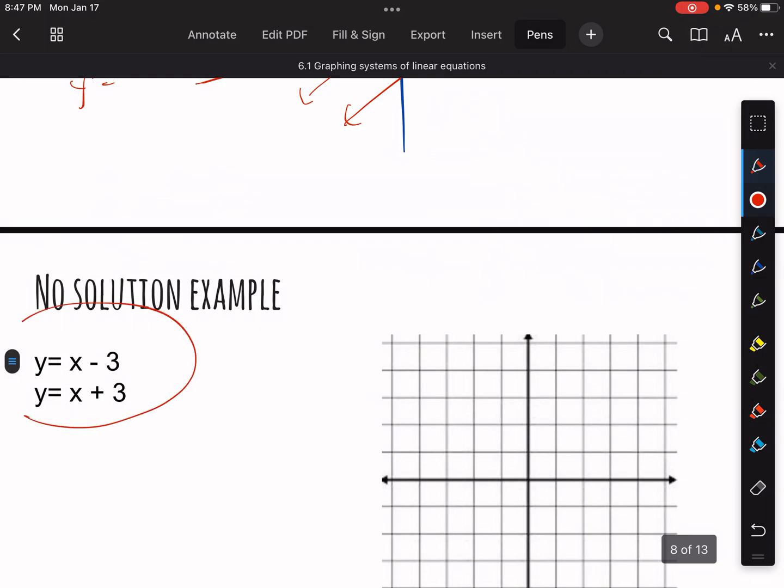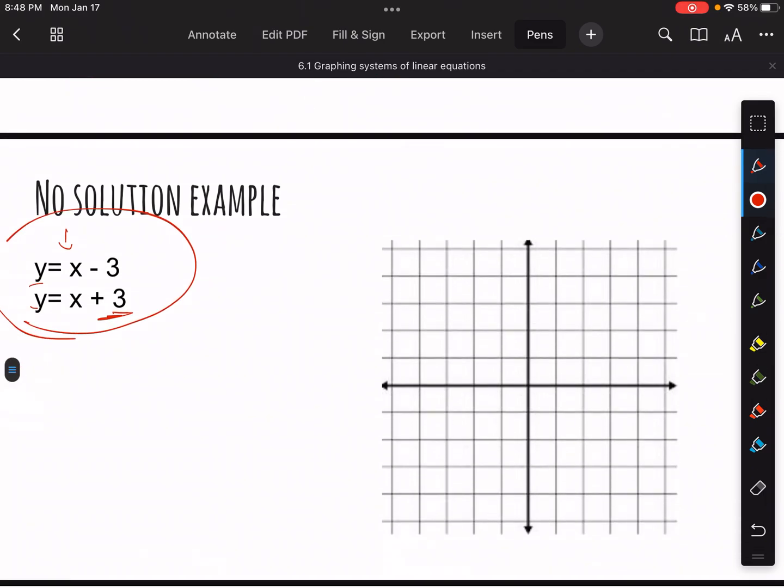Here, I already know without even graphing this that this is going to be a no solution because they're already solved for y, and I know that both slopes are equal to 1, and there's different y-intercepts. Okay, but let's graph it just to make sure. So the first one, if I graph that, my y-intercept's -3, and then I know my slope's +1, so it's going up 1 over 1, up 1 over 1.